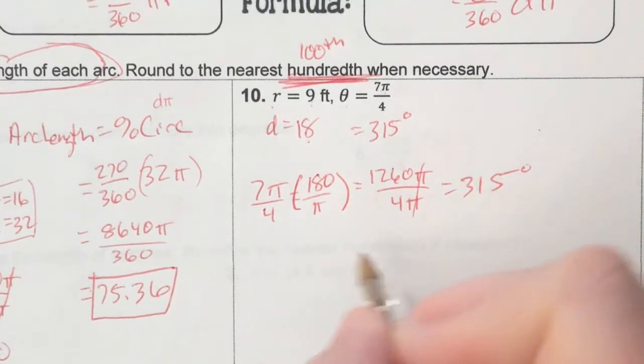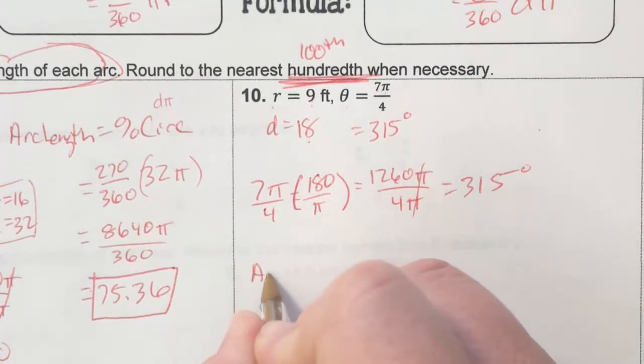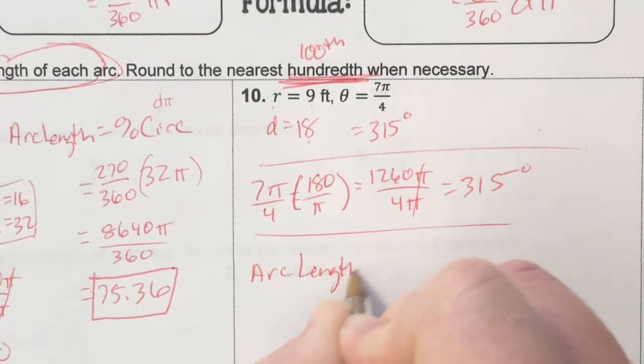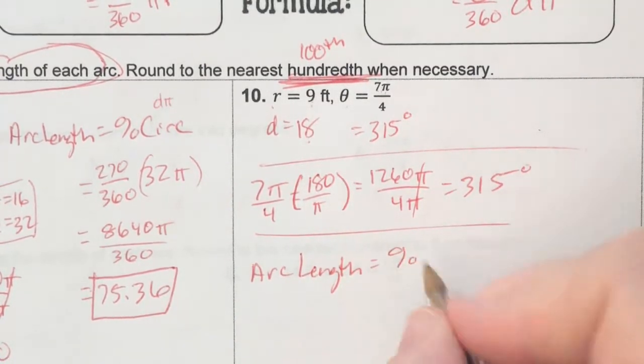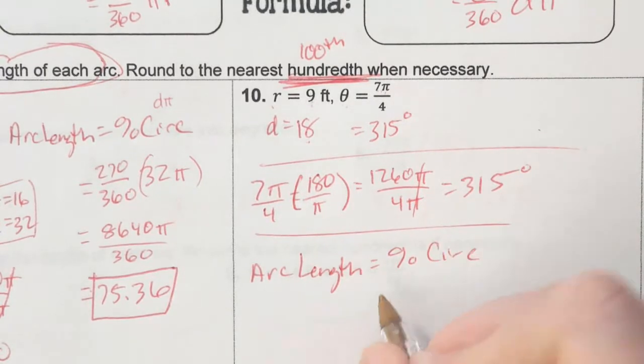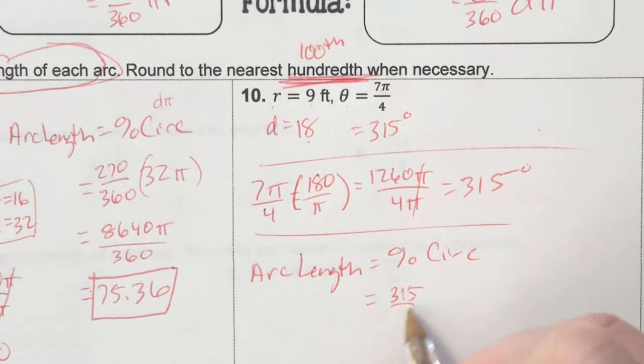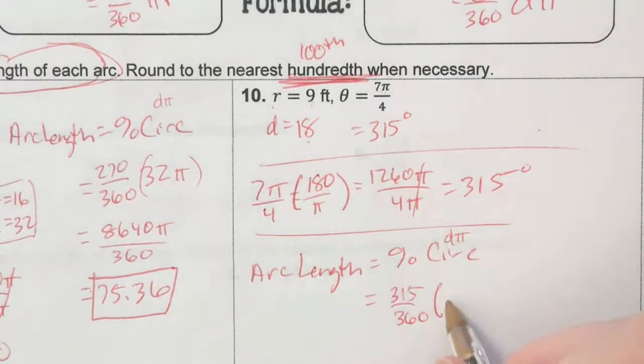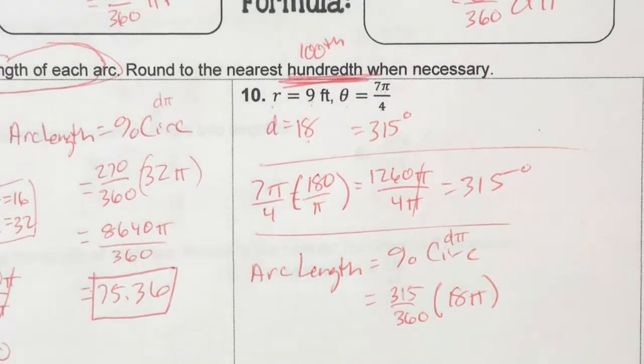Okay, and we want the arc length. So arc length is equal to the percentage of the circumference. That is the angle over 360, so it's 315 over 360, times d pi. So d is 18 pi.